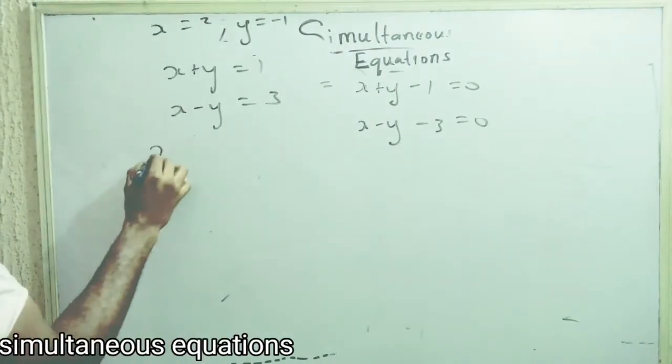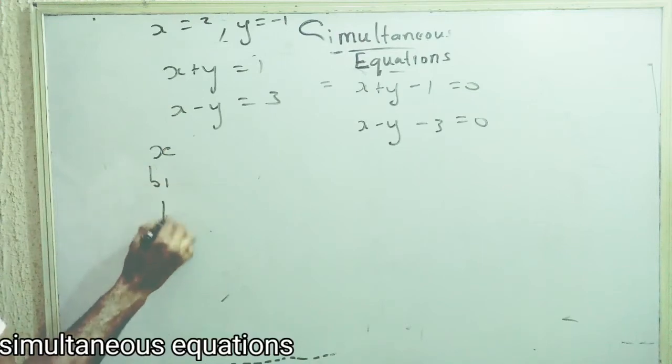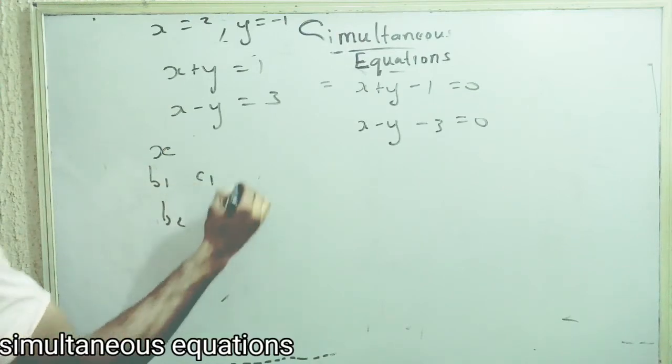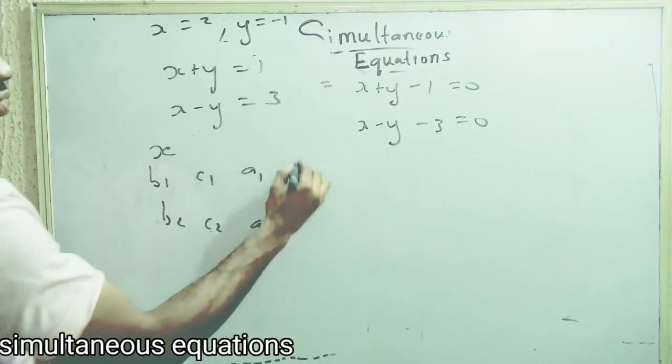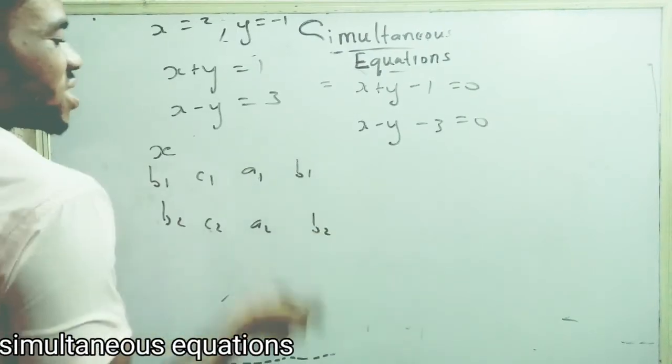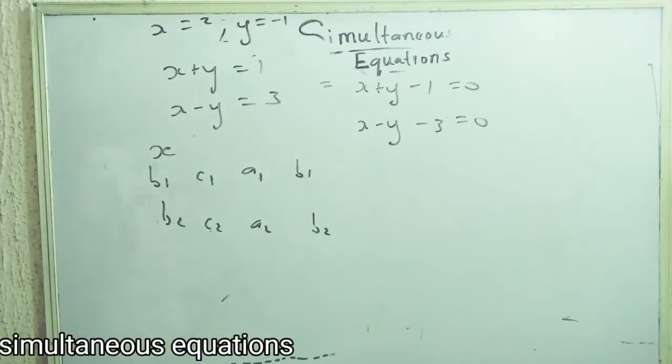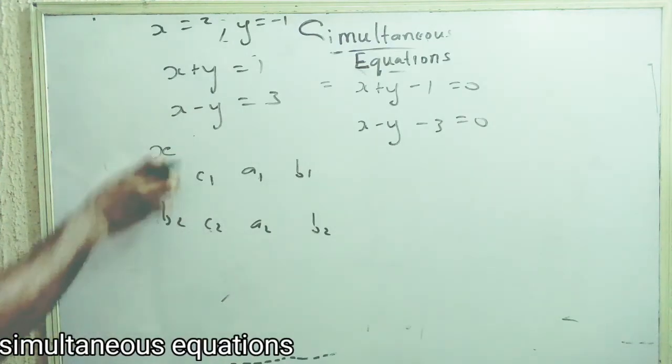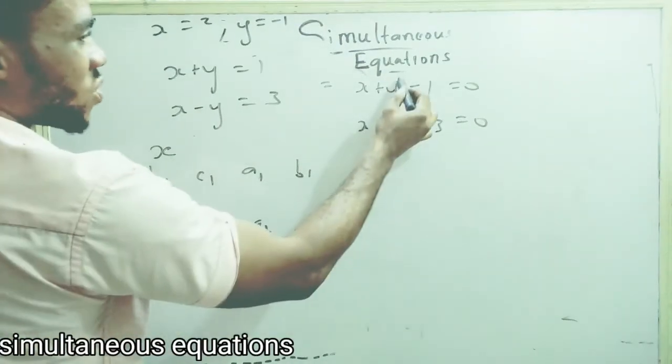Now when I do that, you look at this. I have x over b1 c2, b2 c1, a1 c2, a2 c1, a1 b2, a2 b1. This is the cross multiplication formula. What am I looking for? All the b's you are seeing here represent what? The coefficient of what?